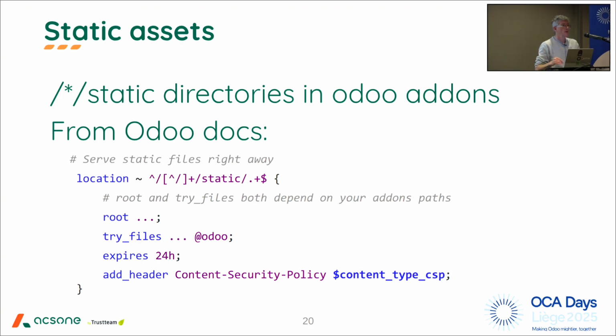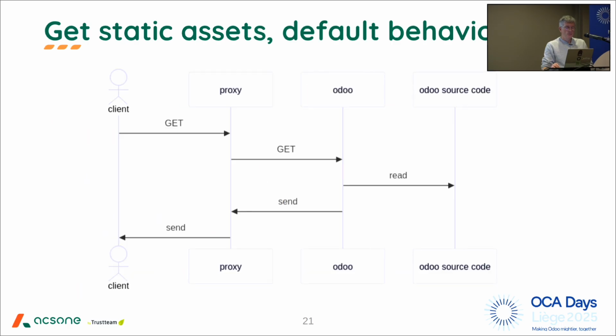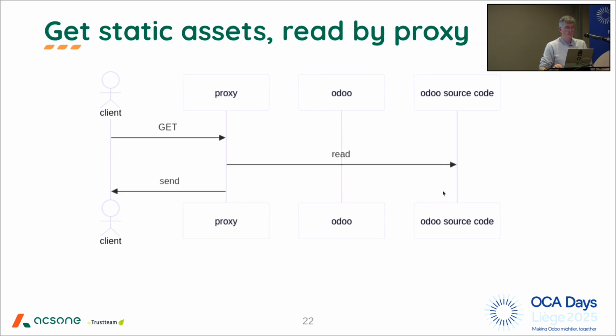You get much better response time in debug mode when you have this configured, because in that case it reads the assets directly. And so the mechanism here is that the client requests the static file. Odoo is going to read it in its own source code and return it to the client.